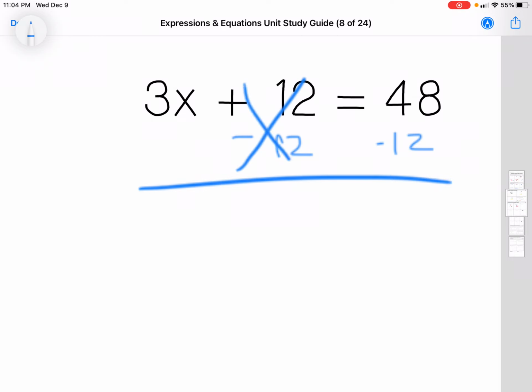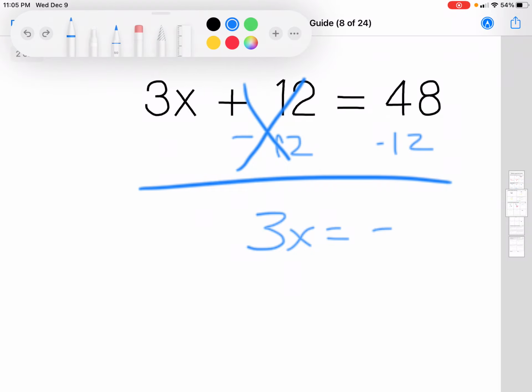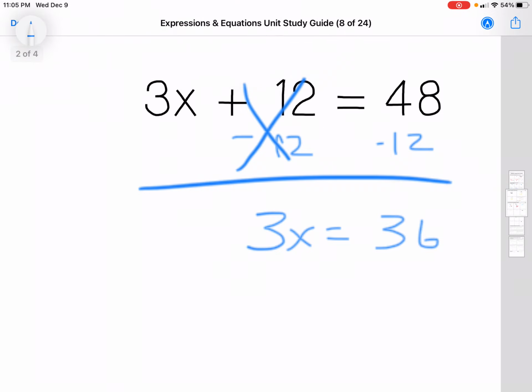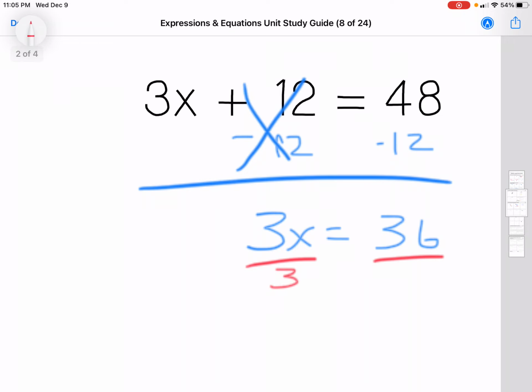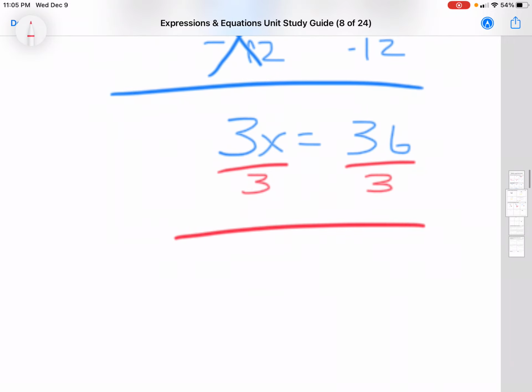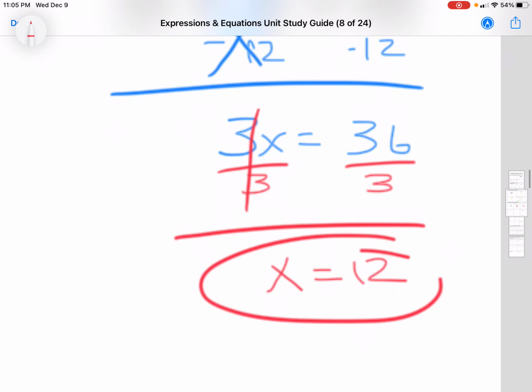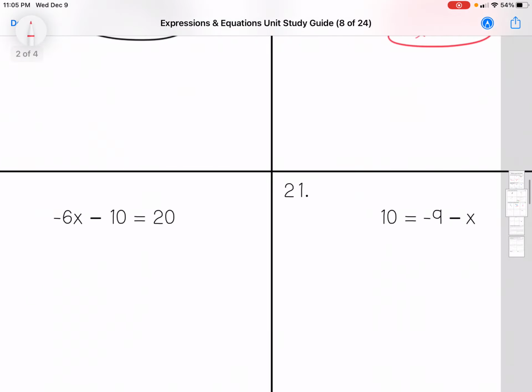Goes away. I'm left with 3x equals 36. That's not a negative 36, it would be just 36. All right, divide by 3. You're going to get x equals 12. All right, moving right along.